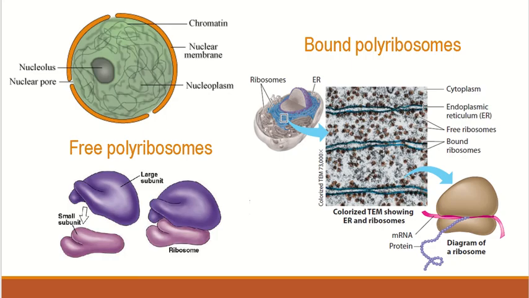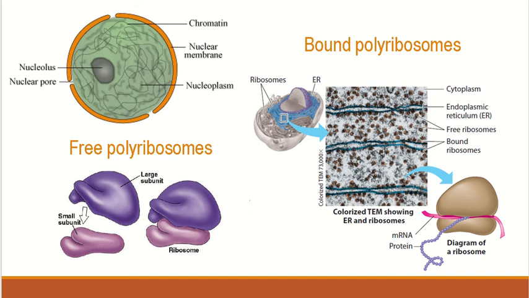So to continue with our discussion, besides the nucleoplasm found inside the nucleus, we also have the nucleolus, which is the site of rRNA synthesis. If you were to ask me what is the function of rRNA, to give you an idea, rRNA is usually paired with certain proteins that make up ribosomes.